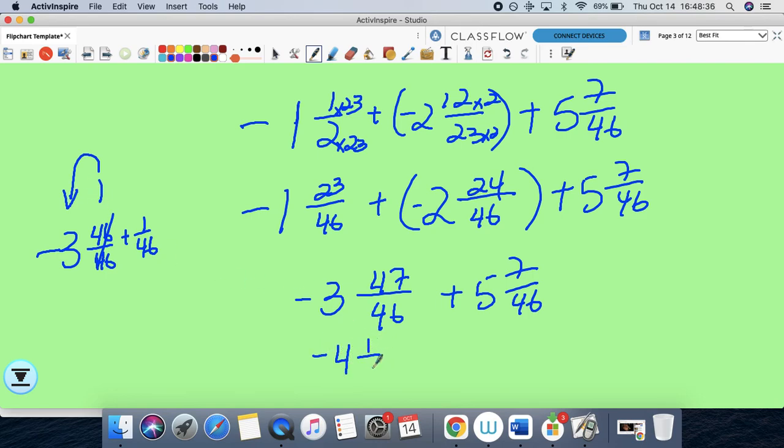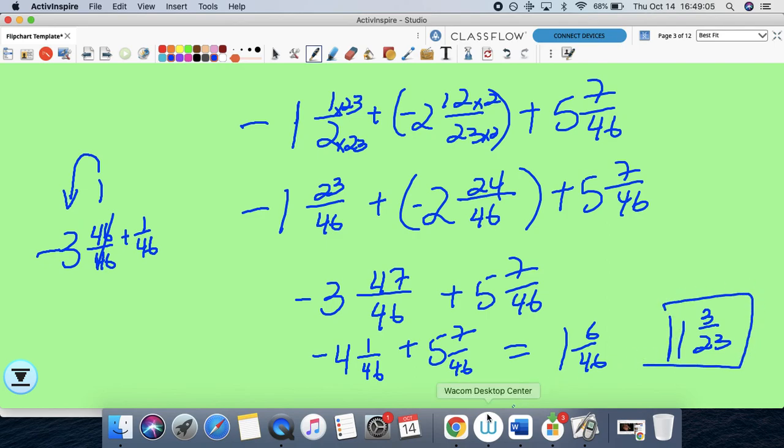Again, this is why I'm not a big fan of doing this. Plus 5 and 7 over 46. Actually it's a negative plus a positive. Let's do the whole numbers first. 5 minus 4 is just 1. And then 7 minus 1 over here is just 6 over 46, or 1 and 3 over 23. So I'd much rather not deal with that. That's it.